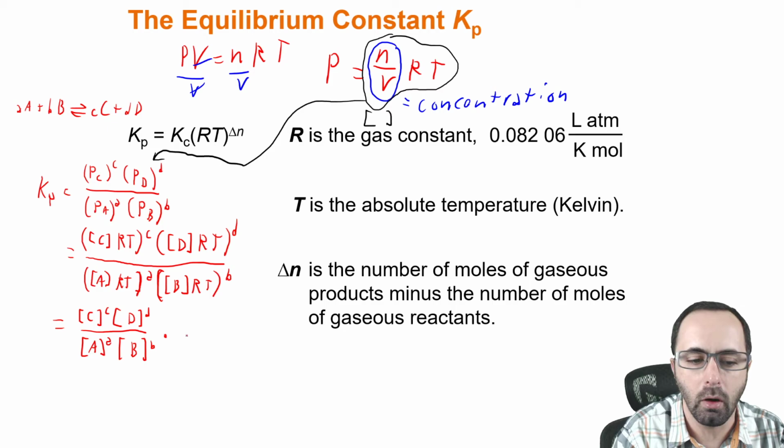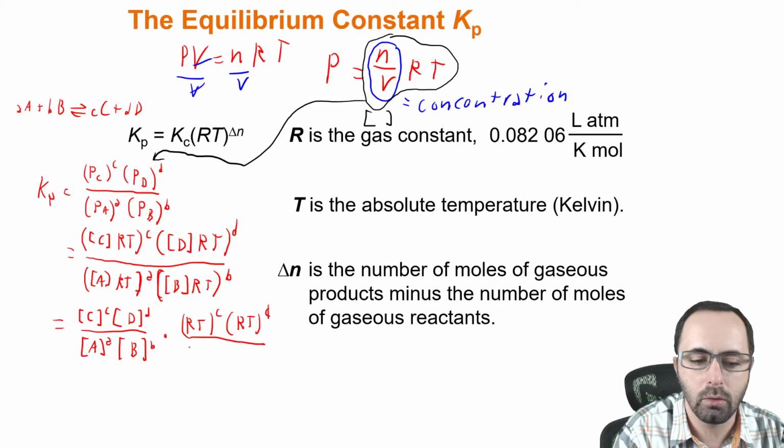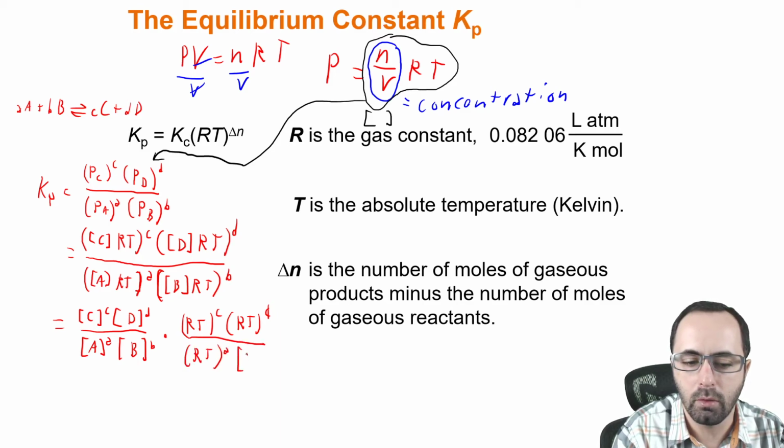And then I'm going to put all the RTs here: RT to the little c power times RT to the little d power, over RT to the little a power, over RT to the little b power.